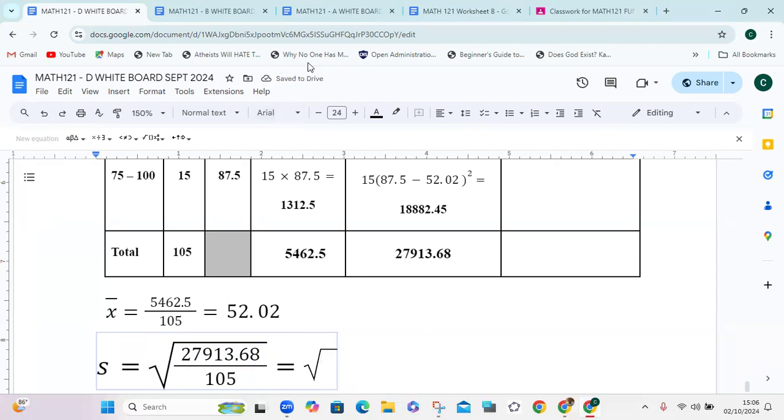So the variance is 265.84, and now we've got to square root this to give us the standard deviation using method number 1. 16.30.